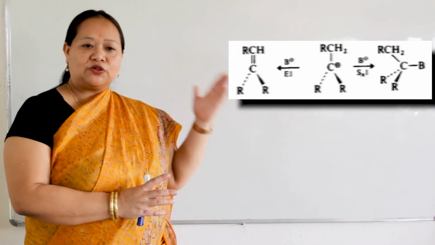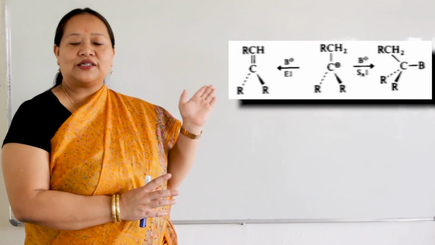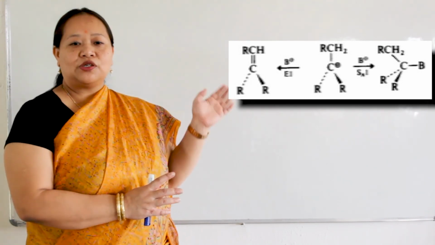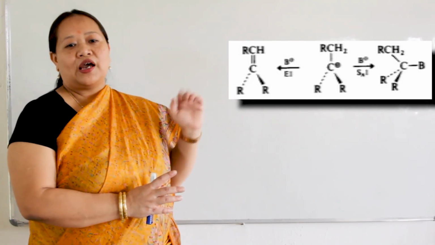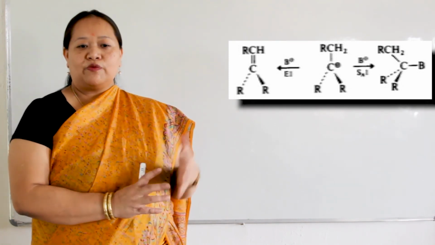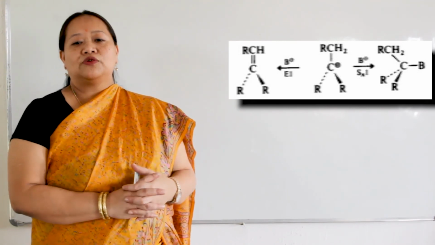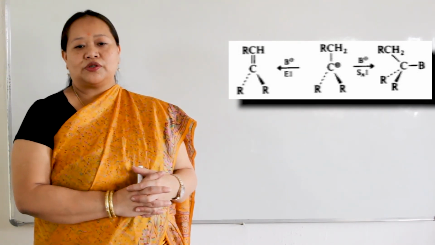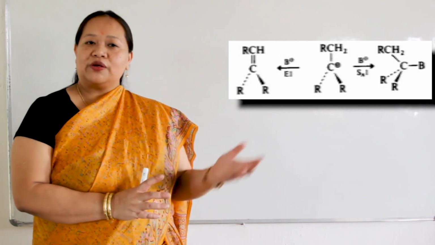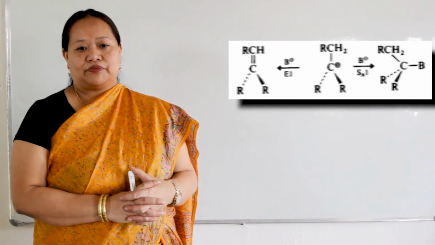But if it were to undergo substitution via the SN1 pathway, then the substituted product will have an sp3 carbon atom. In the same manner, steric effects will also favor E2 over SN2 substitution reactions, that is E2 eliminations will be favored over SN2 reactions.